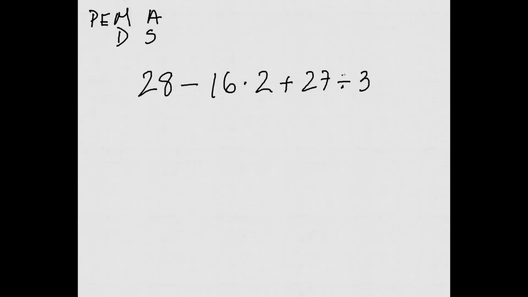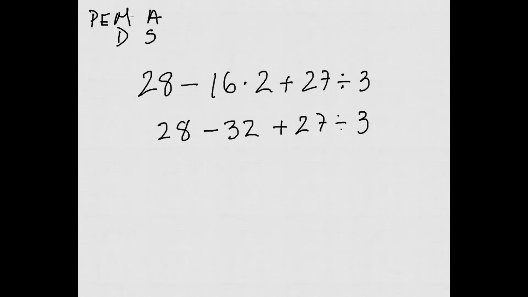And here we don't have any exponents. After exponents, it comes multiplication or division. From left to right, the first one that comes is multiplication, so we do the multiplication first. 16 times 2 is 32, so we have 28 minus 32. We write everything as it is.